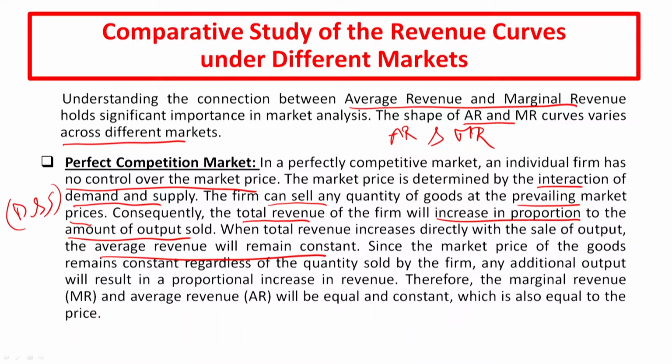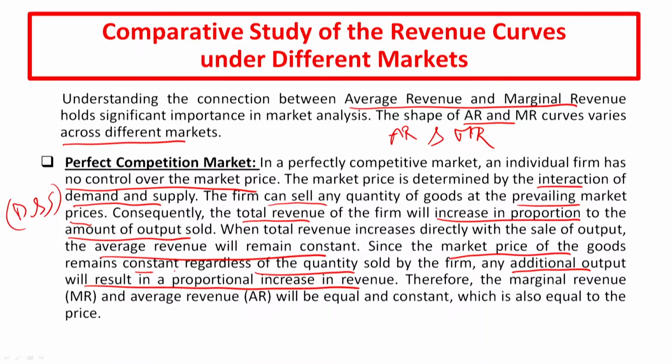This needs to be understood, that when TR is increasing directly with the sale of output, the AR here will remain constant. Since the market price of the goods remains constant regardless of the quantity sold by the firm, any additional output will result in a proportional increase in revenue.